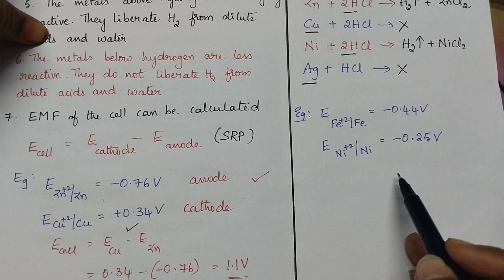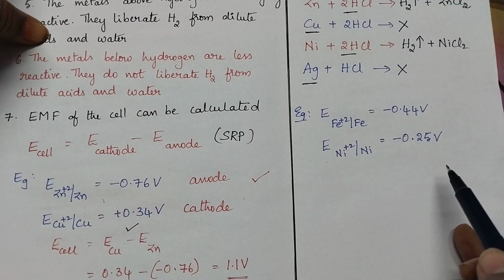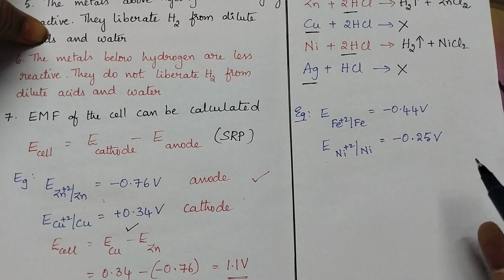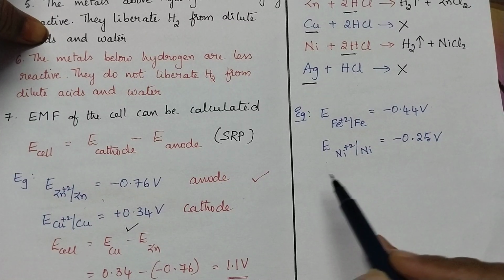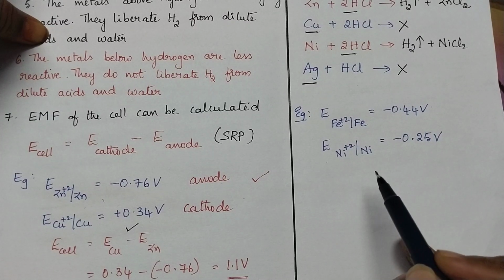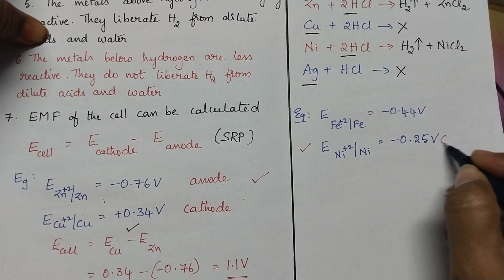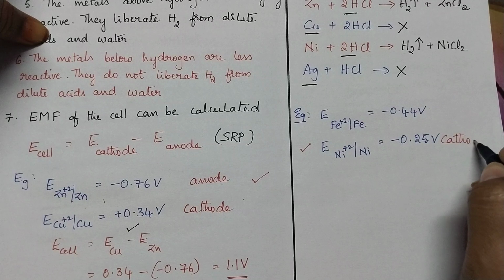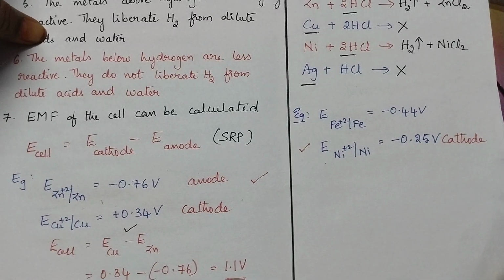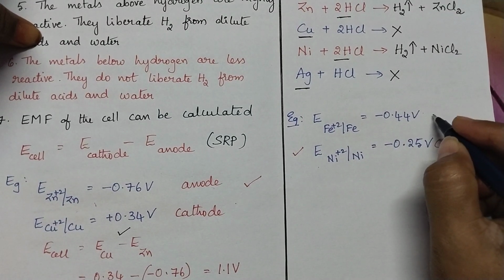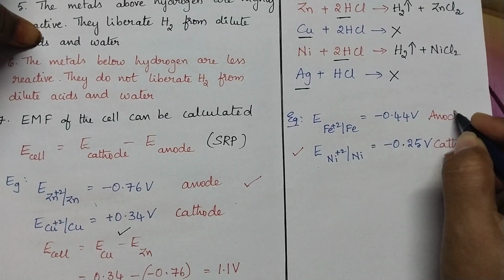Students, pause the video for a moment and guess which metal will act as cathode and which one will act as the anode. Undoubtedly, a metal with higher reduction potential will act as the cathode. So, in this case, nickel will act as the cathode and the iron will act as the anode.